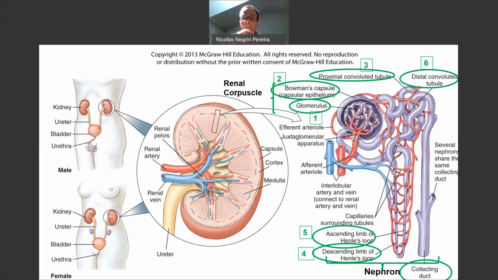And in the renal corpuscle, as we said, we have an afferent arteriole coming from the renal artery.